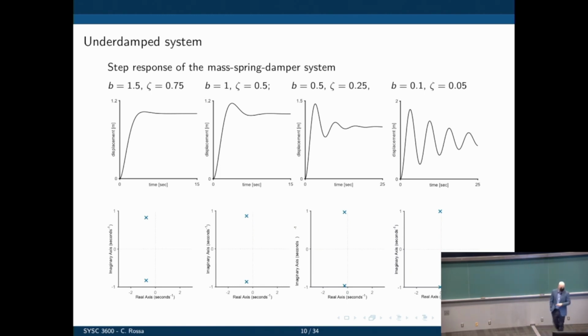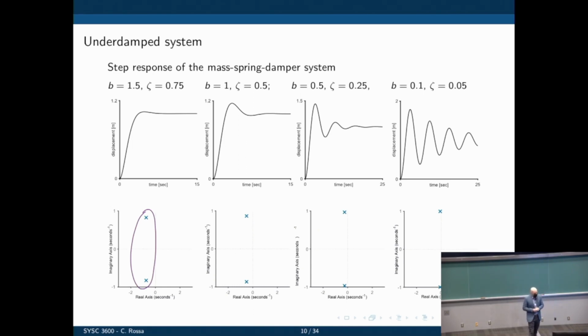And look where the poles are. The poles now broke away from the real axis, and now they became complex conjugate numbers. They have both a real and imaginary component. The real component is negative, is on the left side of the S-plane, and that brings the exponential to 0.